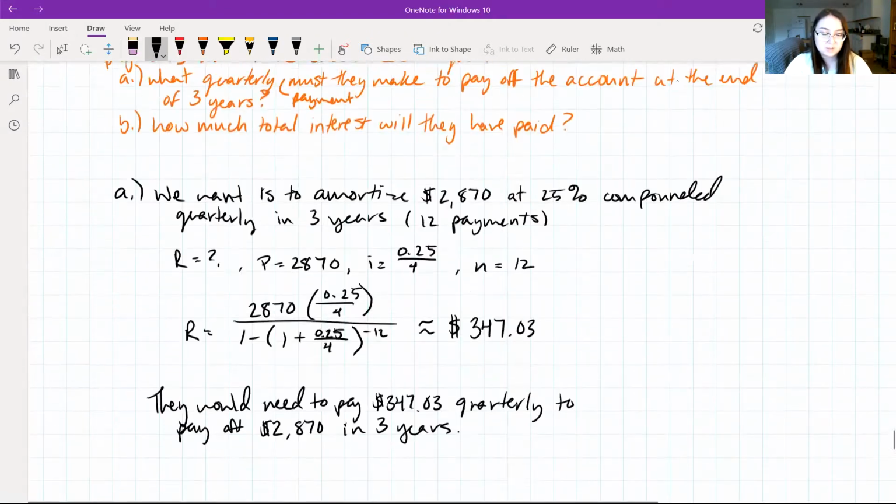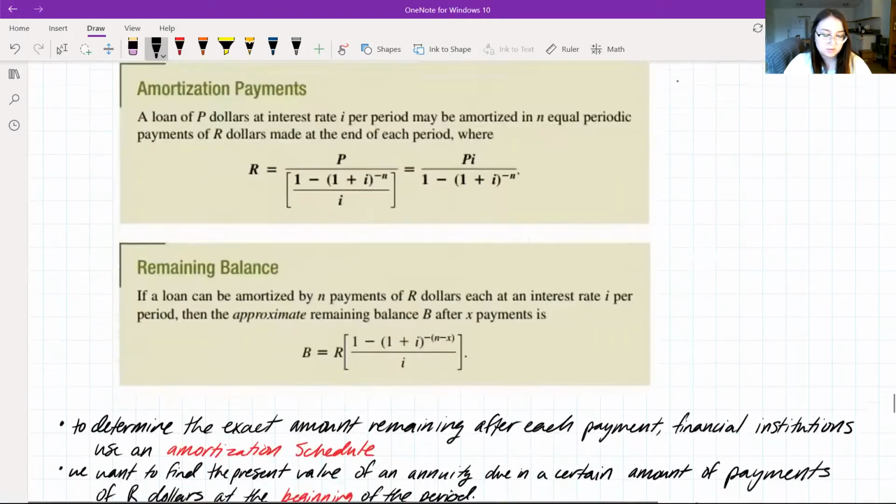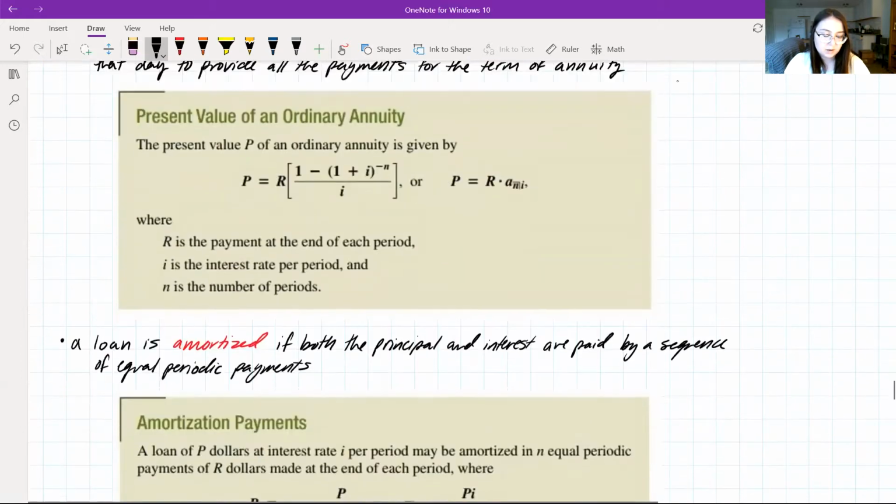And we had our equation for present value right up here. Here we go, present value of an ordinary annuity. So we're going to use this equation here.